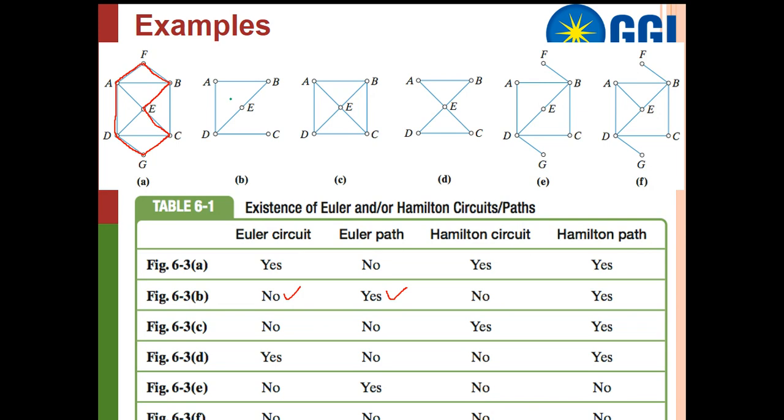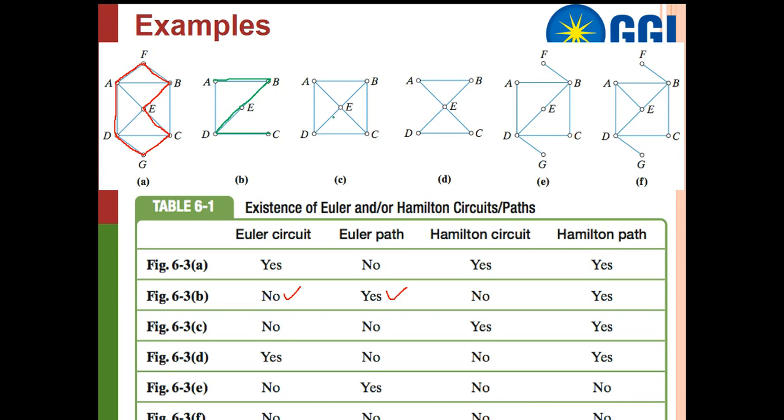To check whether it has a Hamilton path or not, let's start from C. So it's C to D, D to E, E to B, and B to A. Now it is a Hamilton path. Starting point C, end point A, all the vertices are covered. So this graph has a Hamilton path.